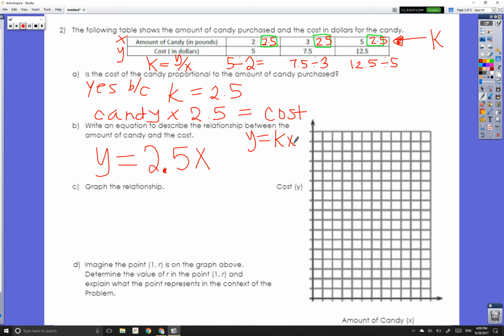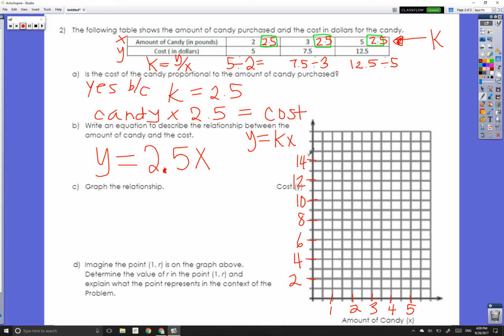When we graph, in this case, I'm just going to count by, I'll do 1 here, 2, 3, 4, and 5. And then I need to get to 12.5, so I'll do 2, 4, 6, 8, 10, 12, 14.